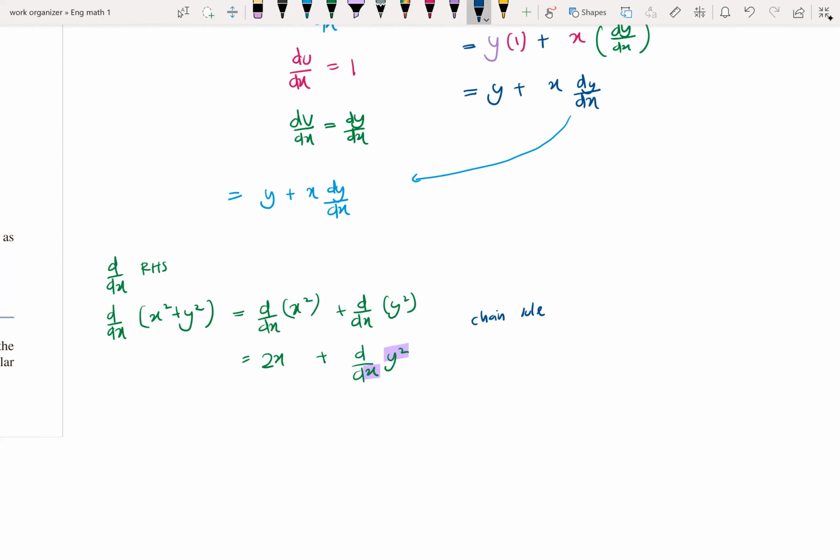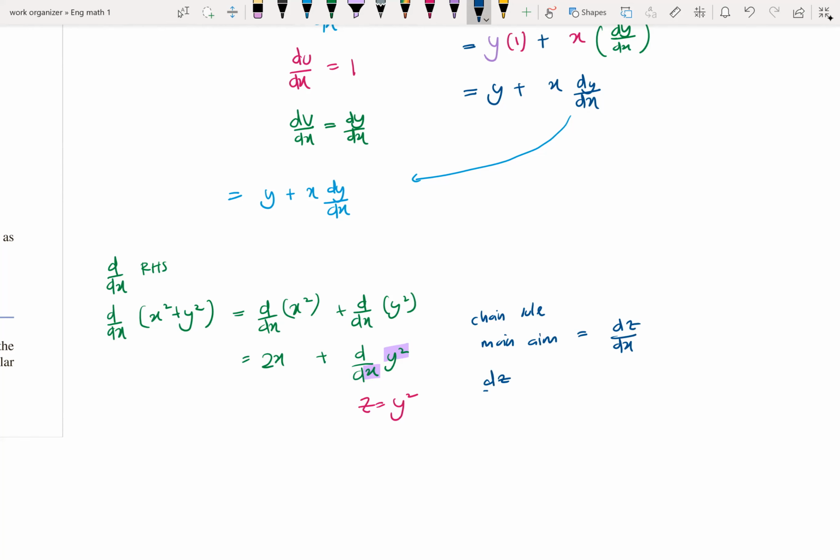In this case, we will let z equal y squared. The main aim here is dz over dx.